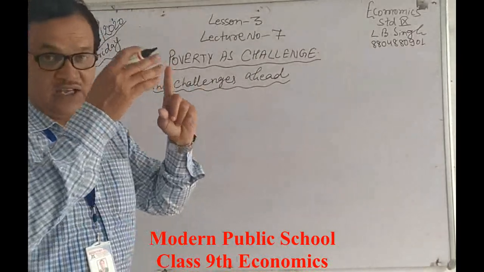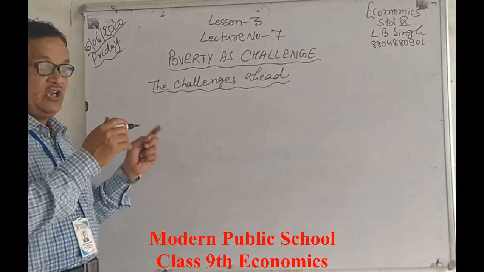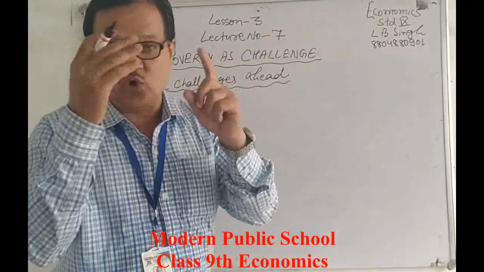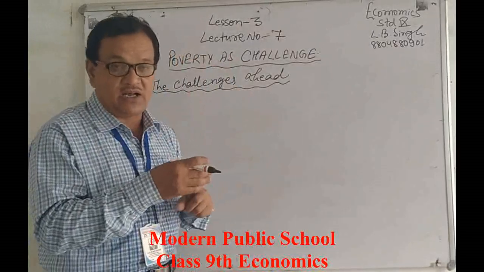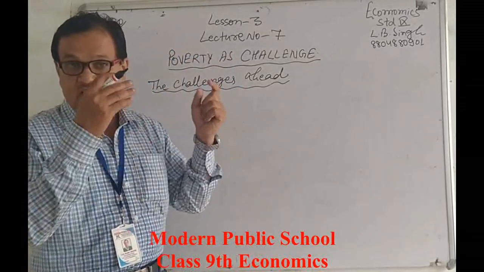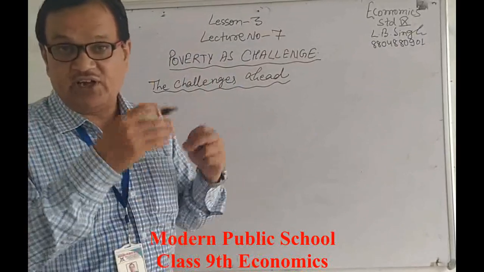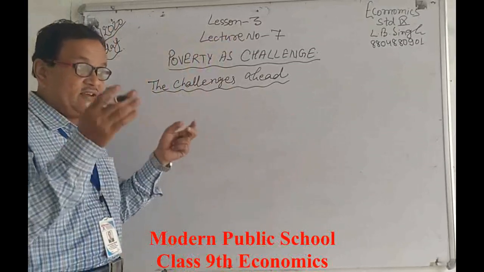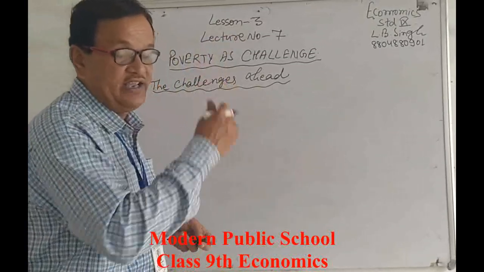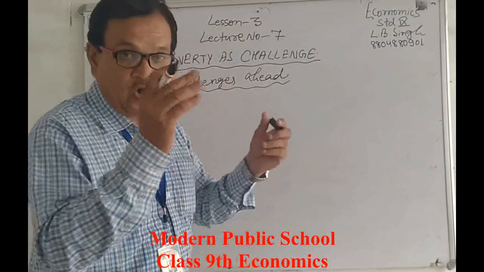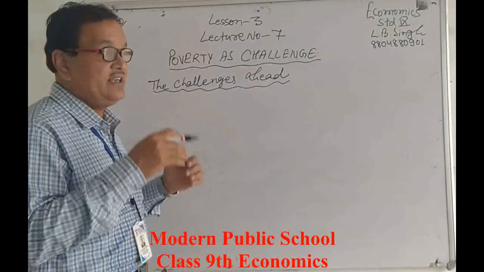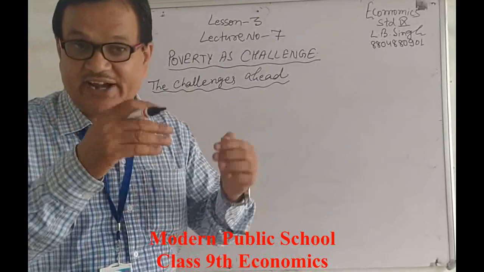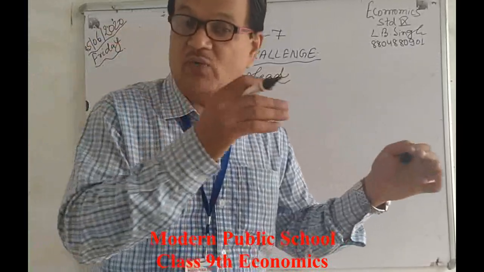The steps were such as Antyodaya Anaj Yojana, Prime Minister Rozgar Yojana, Mahatma Gandhi National Rural Employment Guarantee Act. That means from 1999, a lot of programs were started by the government of India to eradicate poverty from our country.